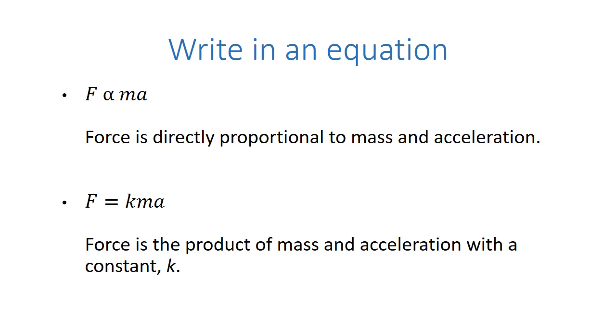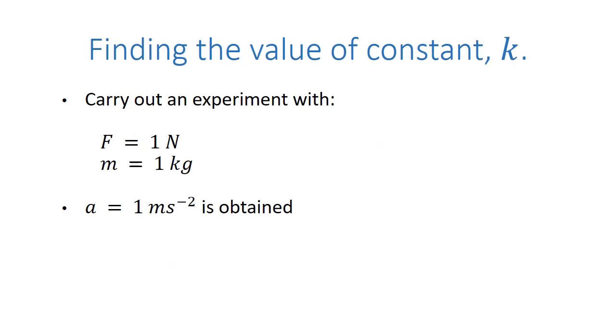So, we already found that force is directly proportional to the mass and acceleration. This time, we can rewrite it as force is the product of mass and acceleration with the constant k. Okay, now, if we change our force into 2 Newton and mass is 1 kilogram, then from the experiment, acceleration will adjust itself and we will get 2 meter per second square. Can you see or not?